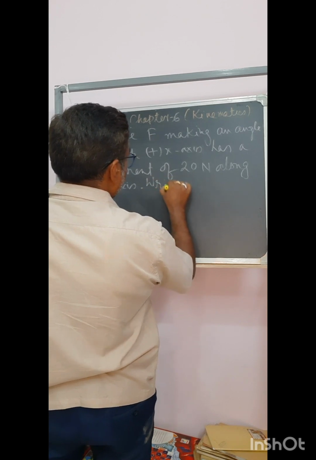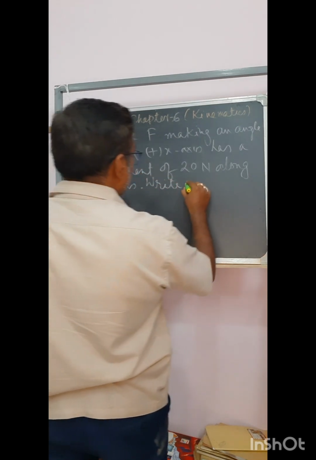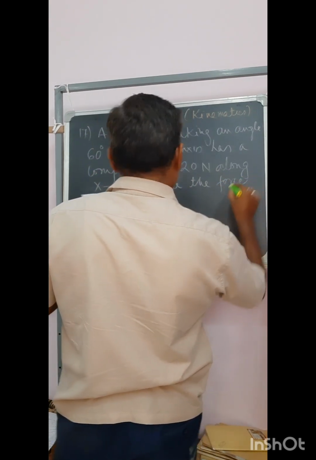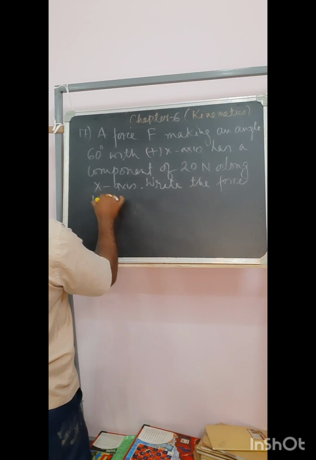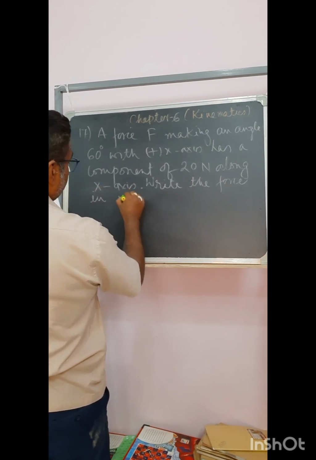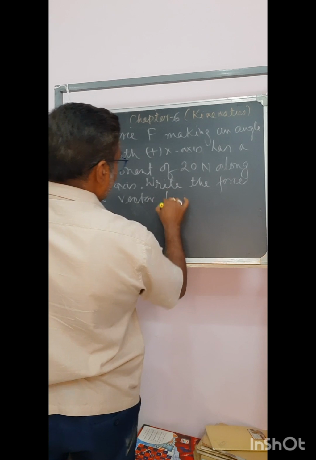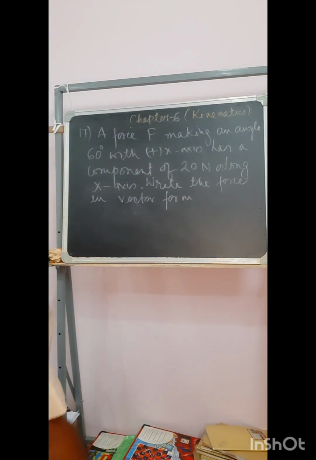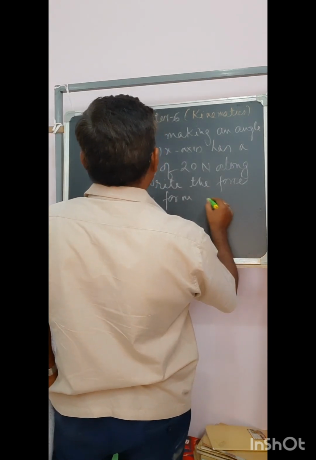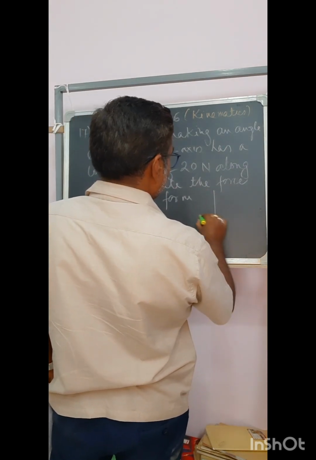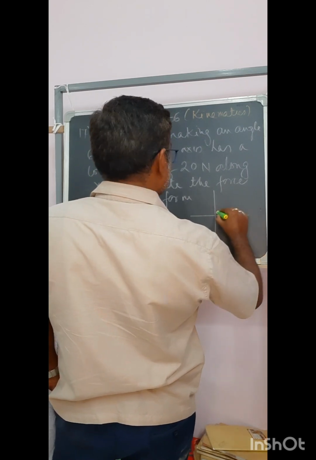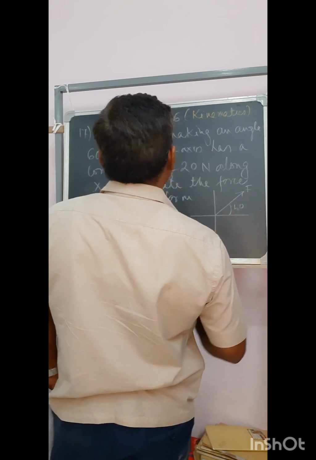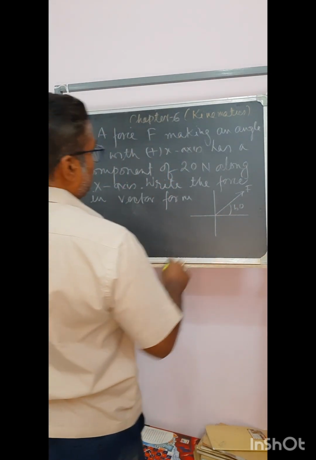Write the force in vector form. Okay, so this is given that there is a force F making an angle 60° with the x-axis, has a component of 20 Newton along the x-axis.